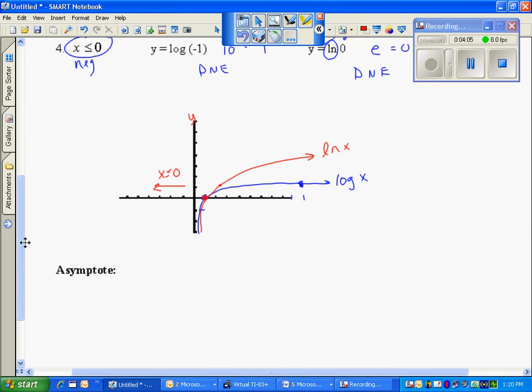It's a line on the graph, such as the one above, which the function approaches but never gets to. So I approach this value of 0, but I really never get there. Okay, and that's just a simple definition of an asymptote. You'll study those deeper in pre-calculus.